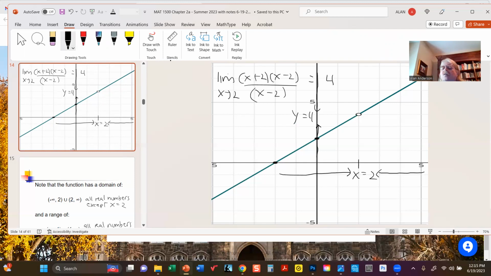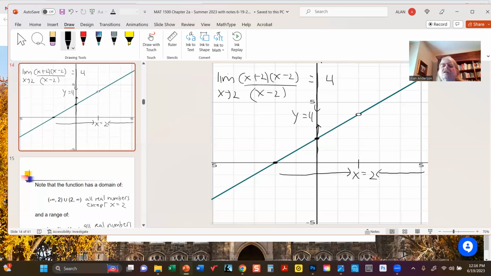And think of it as not what is y equal to when x equals 2? What is y approaching when x is approaching 2? So the key there is that you never quite reach 2 here. You're getting infinitesimally close to x equals 2, which means that y is getting infinitely close to 4.